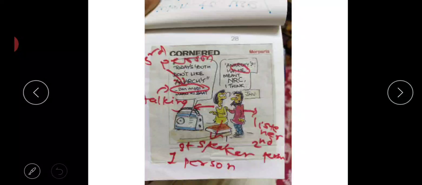So the speaker is the man in yellow shirt and the listener is the man in red shirt. That's why the speaker is known as first person. The listener, the man in red shirt, is the second person, and the man who is being talked about, PM Modi, is the third person.